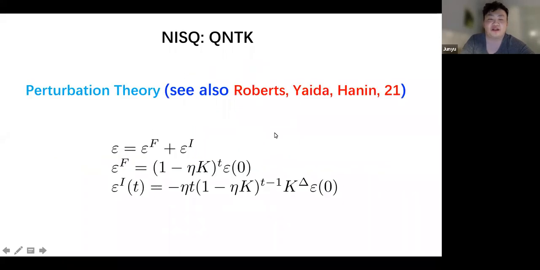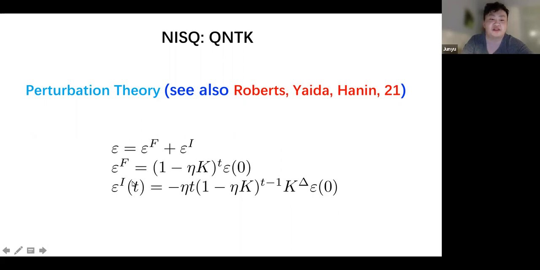For instance, here are the results that show the leading order perturbation theory, where you can do an order by order expansion in the learning rate eta, and as a first order, the solution is t, a linear relation, times an exponential decay factor with t minus 1 in the exponent, which is a little slower than a direct exponential decay, but it will still vanish.